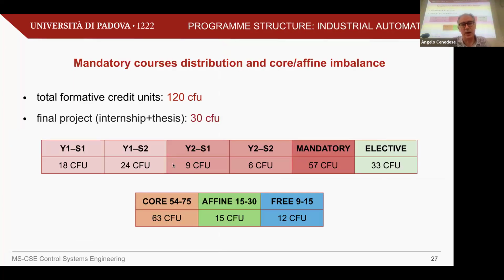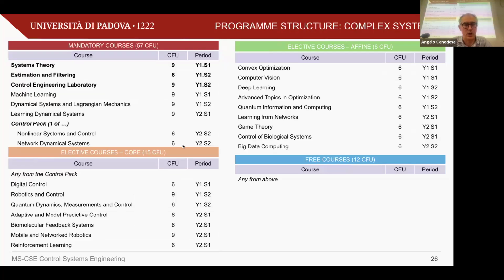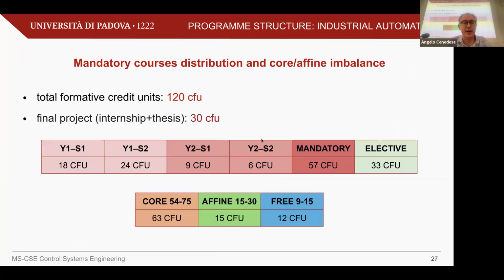Distribution along the 2 years: here, in this case, since both courses suggested for the control pack are second year, second semester, you will have a mandatory activity during the second year, second semester. The distribution of core and affine is exactly the same.